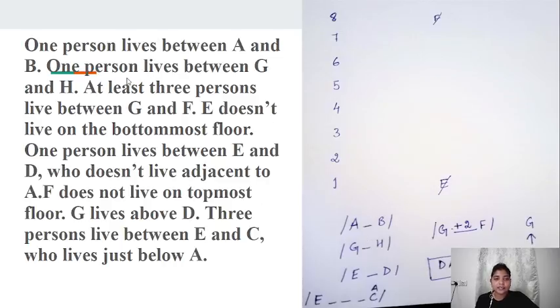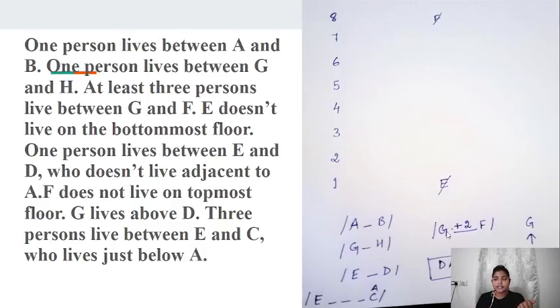Okay, so the next line is one person lives between G and H. I have written this condition here. And at least 3 persons live between G and F. When they say at least 3 persons, they are telling that there can be 3, 4, 5, 6, 7, whatever, but 3 and more. I can write it like 3 plus, or any way.